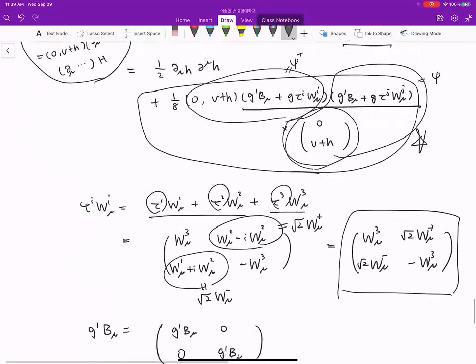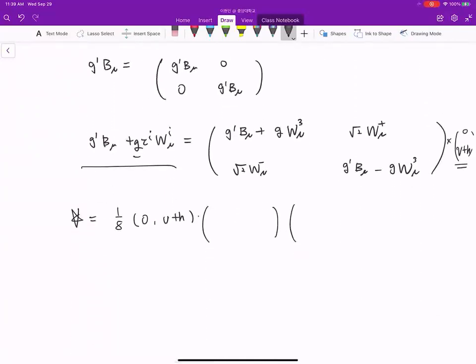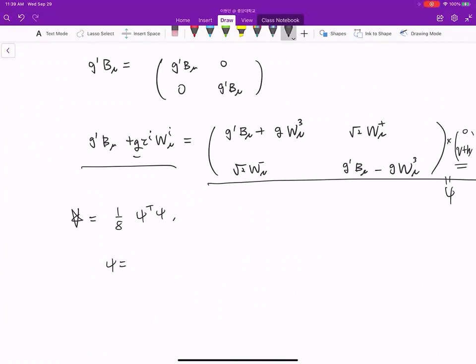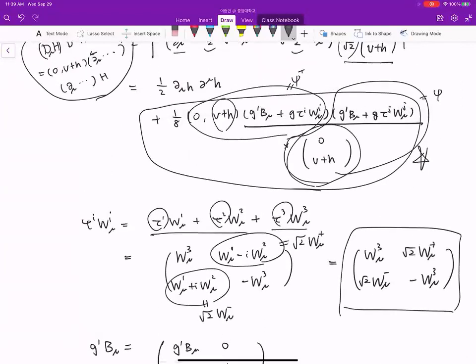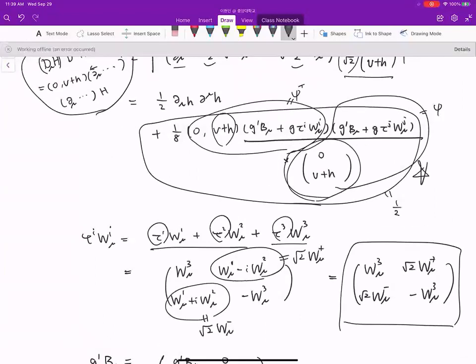So then this is psi. Let me call this psi, 1/8 (v+H) squared, and psi.